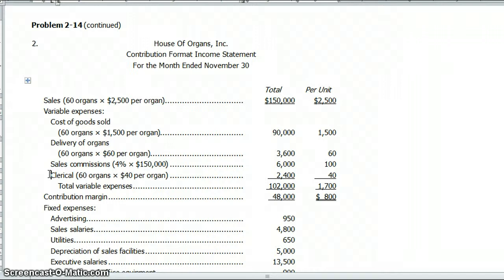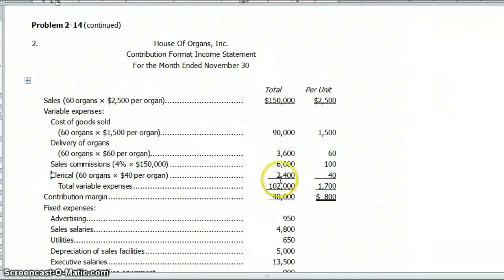And what they say is that the clerical cost is $2,500 per month, that's obviously fixed, plus $40 for every organ sold. So every time they sell an organ, they incur $40 of clerical costs. Therefore, we need to add $40 of clerical cost every time. So $40 multiplied by 60 organs, $2,400 of clerical cost, which are variable.